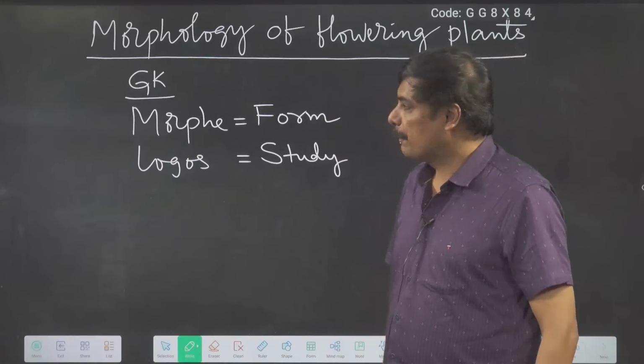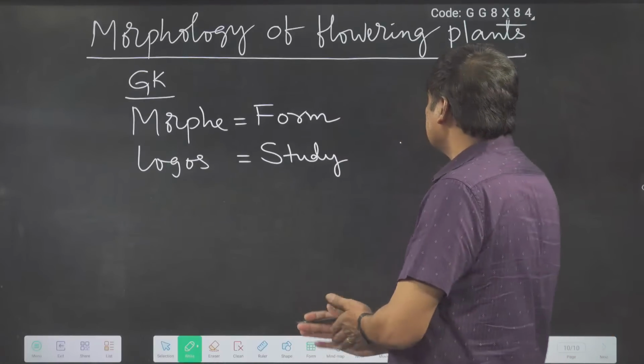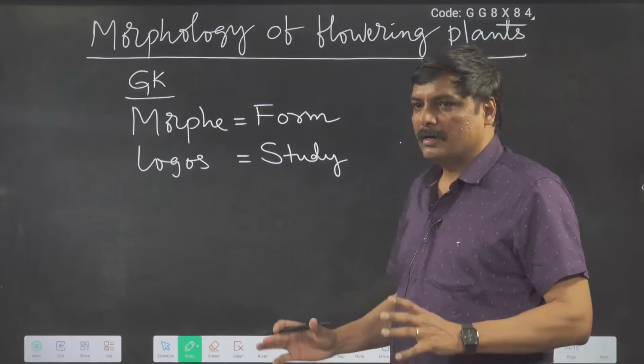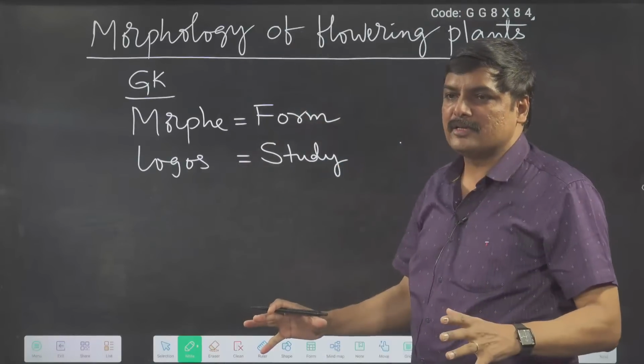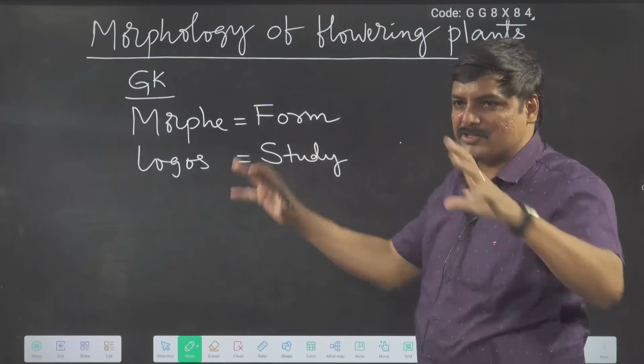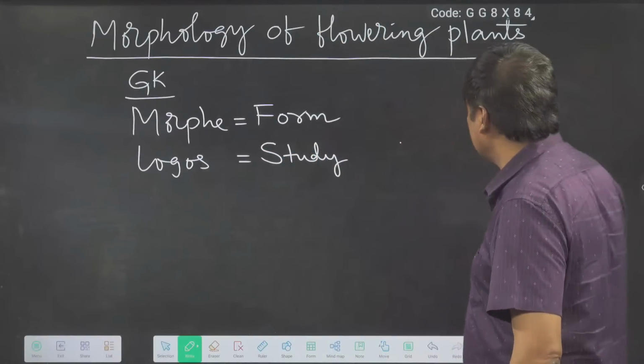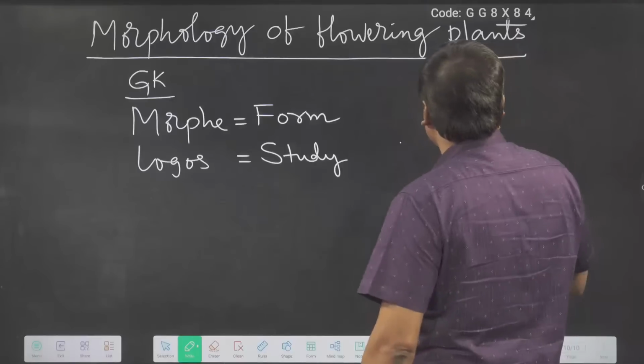Okay? Then that means we can say simply the study of the external form of an organism is known as morphology. Right. Then what are flowering plants?